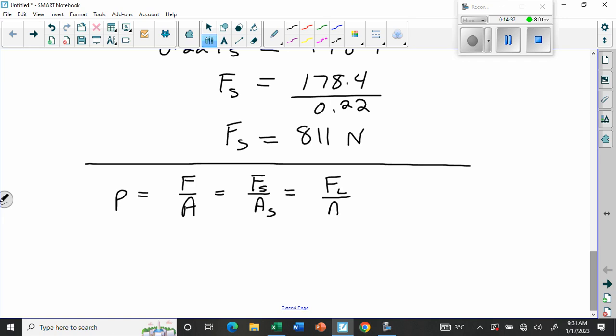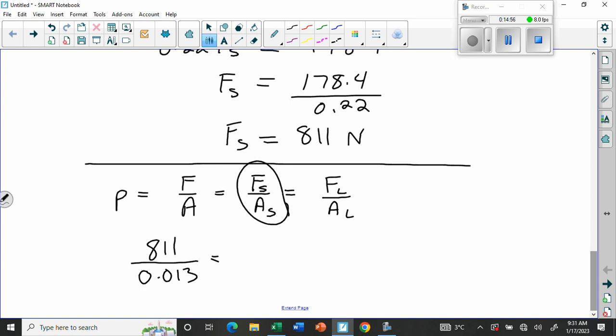So we don't need all of this. I'm just showing you. So we could either do the small one. We could do this one, which is 811. That was the force over the area, which I think was 0.013, right? And that would work out if we did the math.